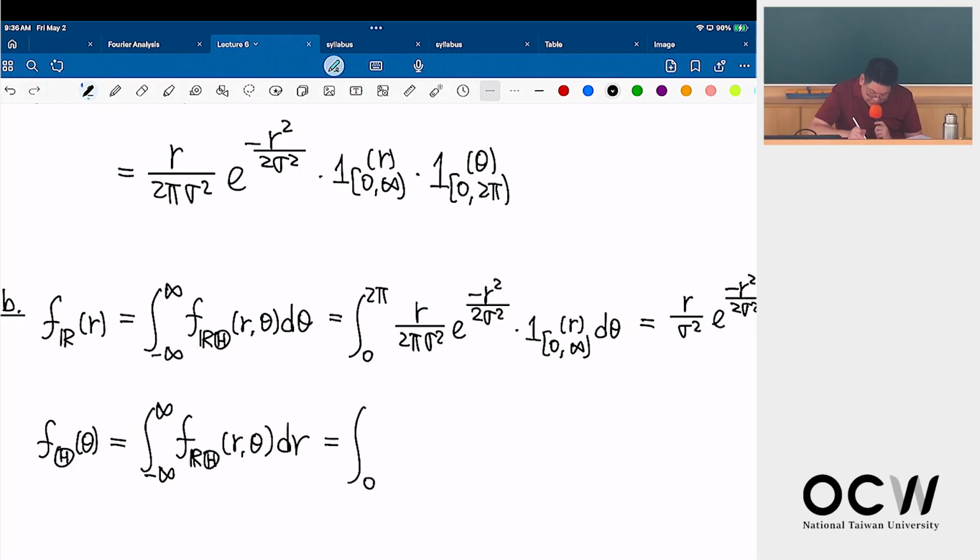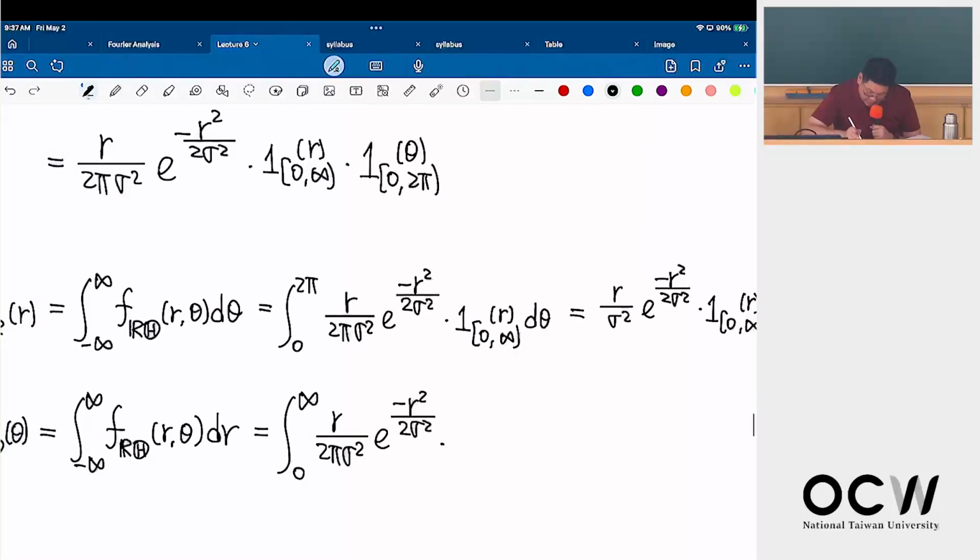So here, 0 to infinity. And I think it should be just r. r divided by 2 pi sigma squared, exponential to the minus r squared over 2 sigma squared, and my theta is from 0 to 2 pi.